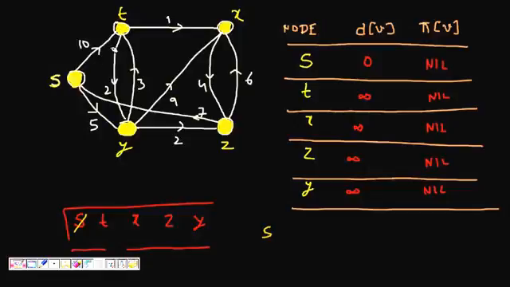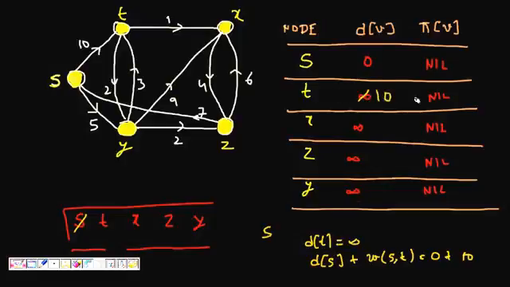At t, d of t is infinity, and we have d of s plus weight of (s, t) as 0 plus 10. So 10 is less than d of t, so we set d of t as 10 and its parent as s.